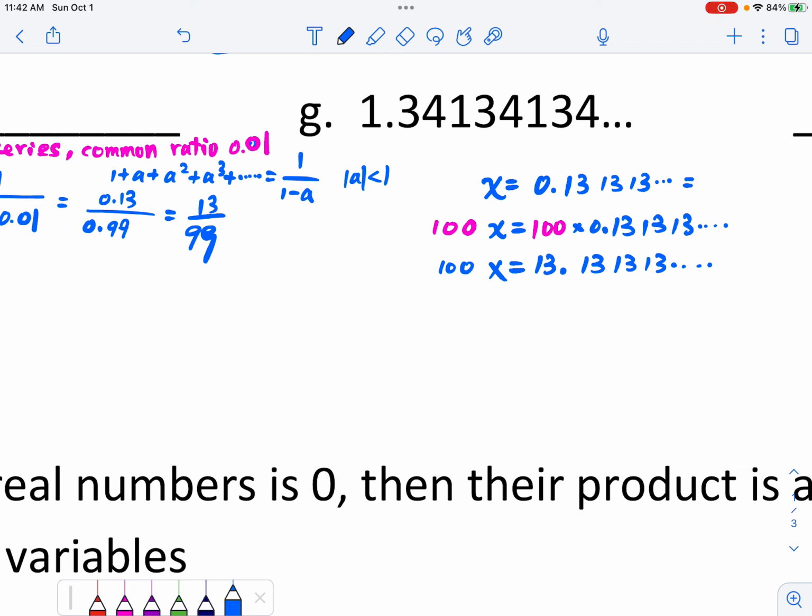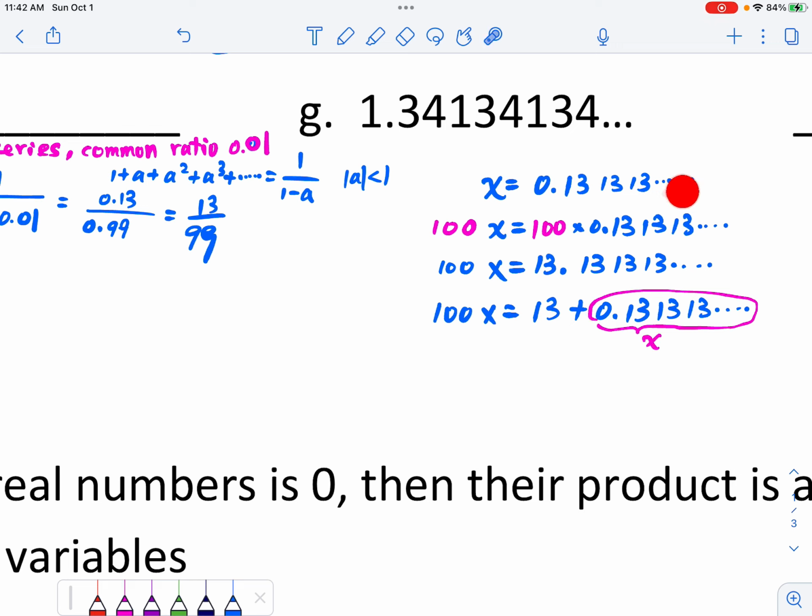And do you see on the right hand side, you can break this as 13 plus 0.131313 and so on and so forth. I hope you recognize this is what we began with. This is exactly your x. So this is the equation where x represents this number, and this equation is true.